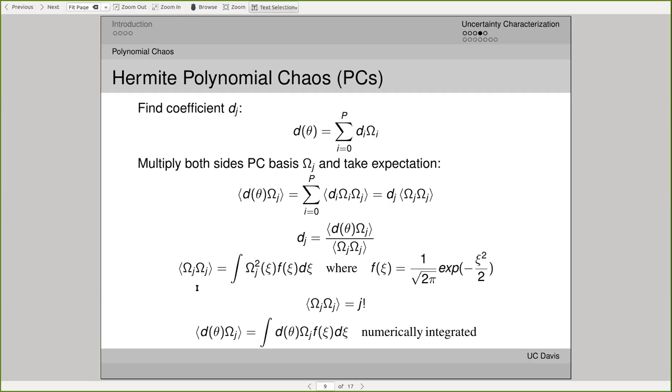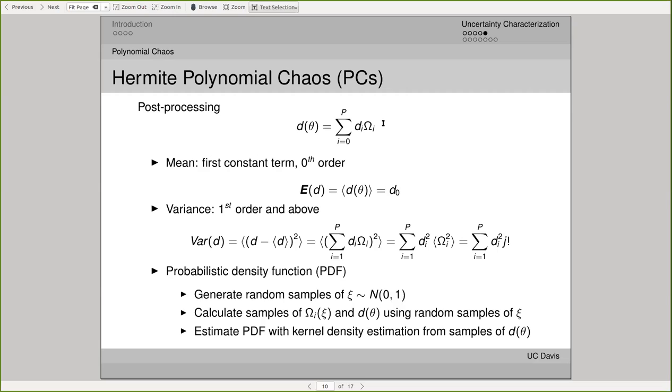For this formula, the denominator is essentially the variance of the j-th Hermite polynomial chaos. After we analytically evaluate this integral, we find that the variance of the j-th polynomial chaos is equal to factorial of j. And the numerator of this formula we can integrate numerically by using any numerical integration scheme.